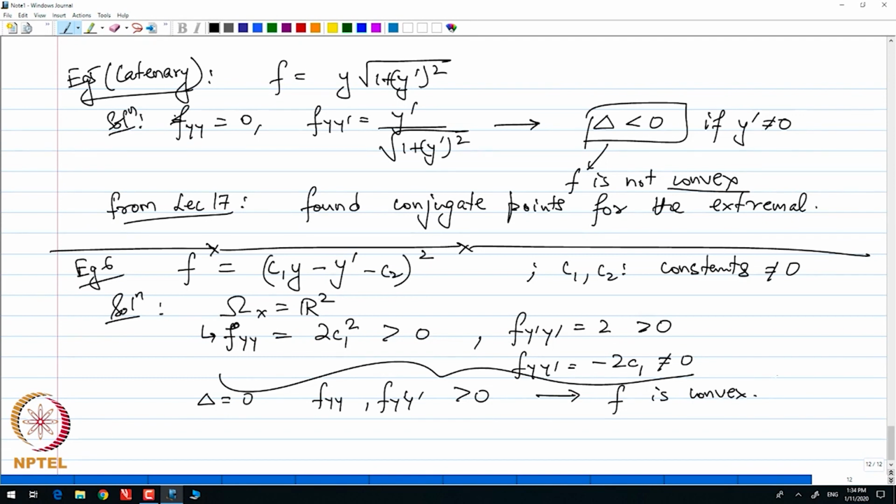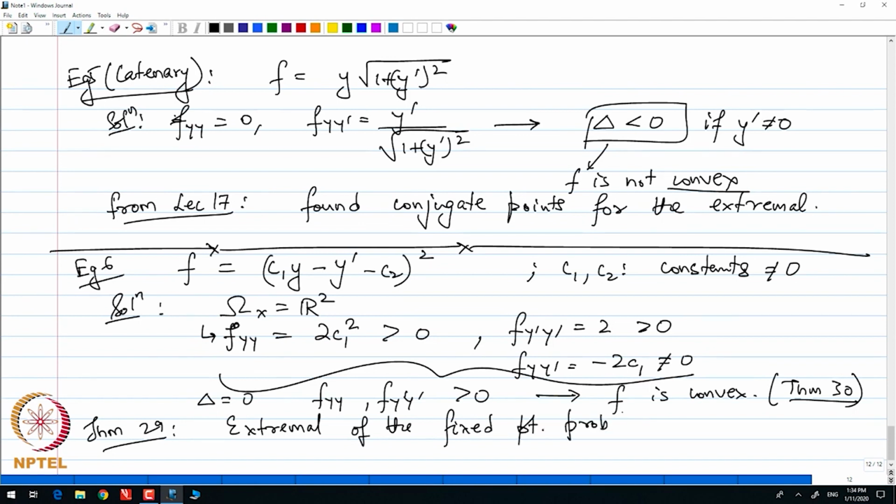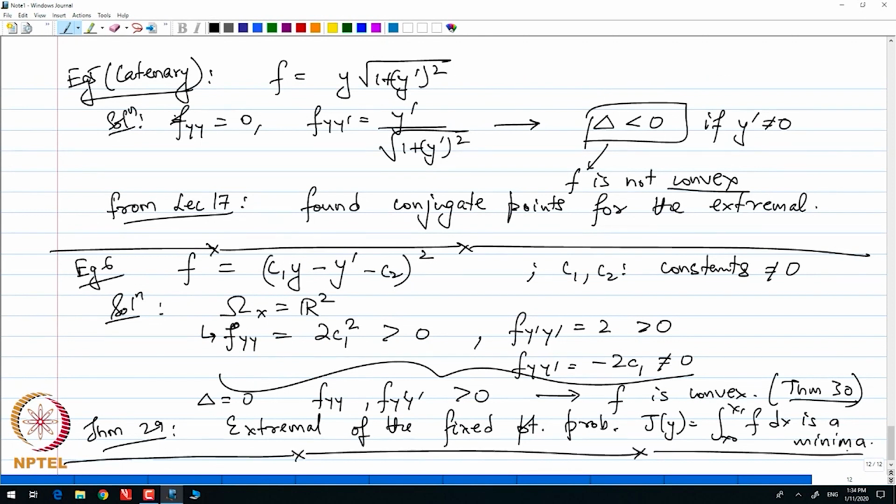So, this is from result 30, and from result 29 I can conclude that the extremal of the fixed endpoint problem, given by J of y equal to the integral from x0 to x1 of f, is a minima. Okay. So, that is how we typically solve problems with convex integrands. That concludes my discussion on the theory of calculus of variations.